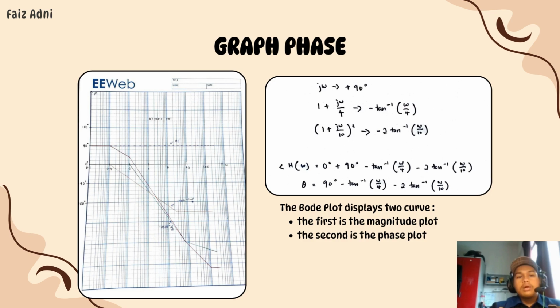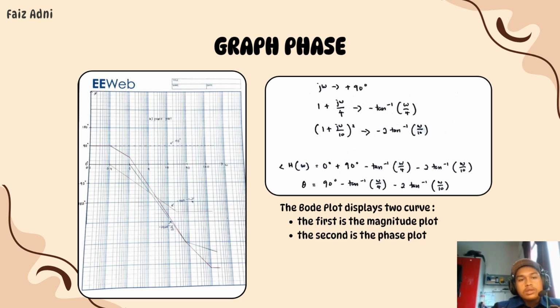When we combine everything, we get the total phase shift, shown as theta, which is 90 degrees minus tan inverse of omega over 4 minus 2 tan inverse of omega over 10.